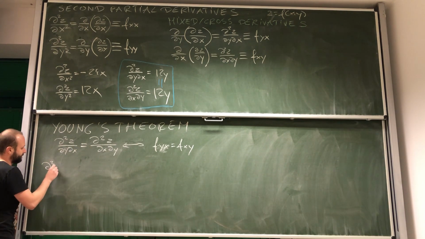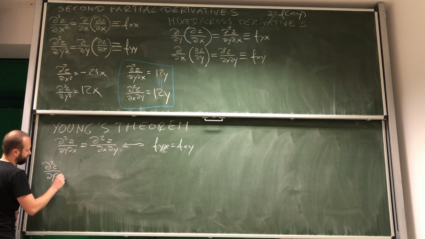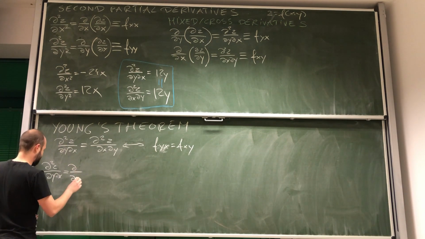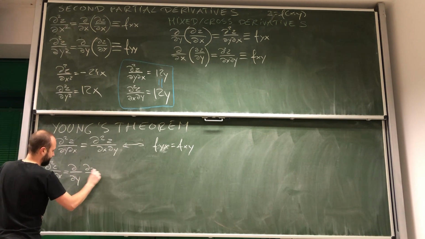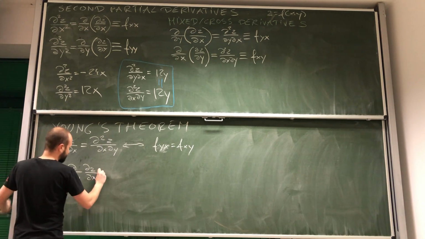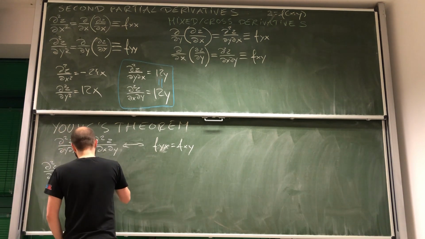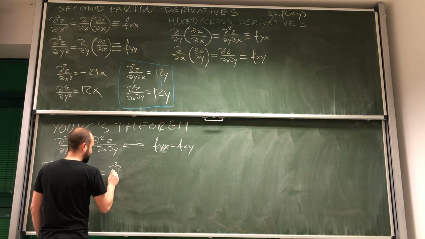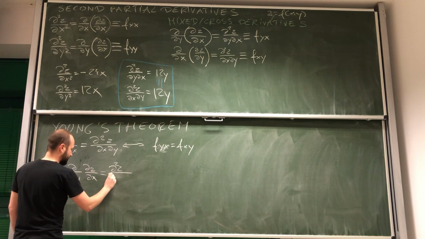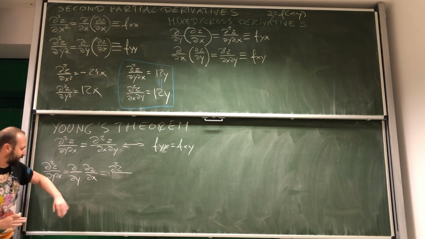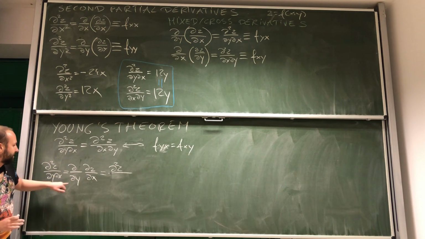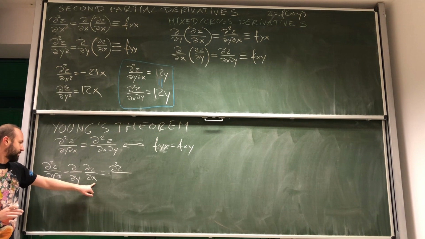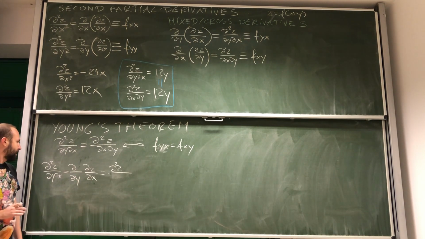Look, d/dy of dz/dx, that is d squared z over dy dx, is the same as d squared z over dx dy, because if I multiply the two components in the denominator, it doesn't really matter in which order I am multiplying.